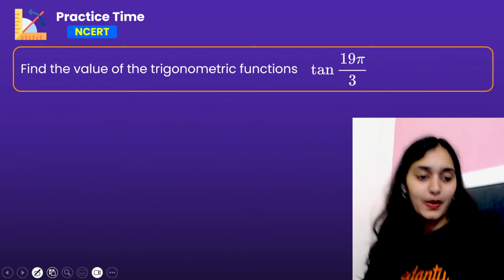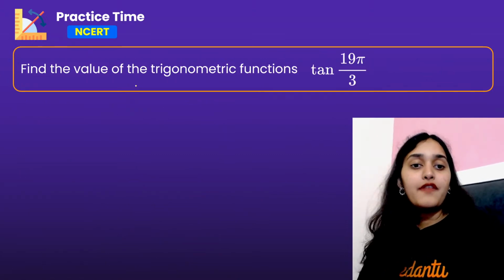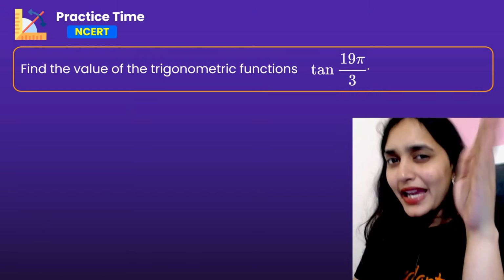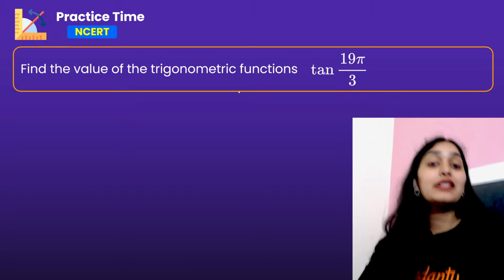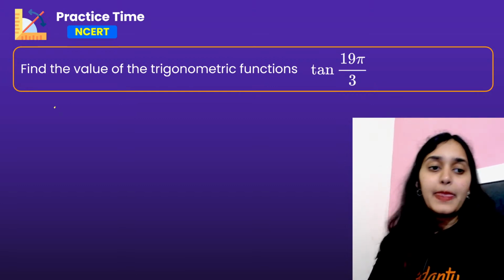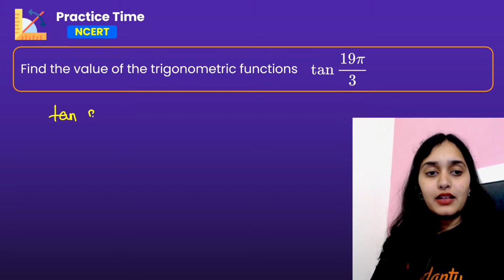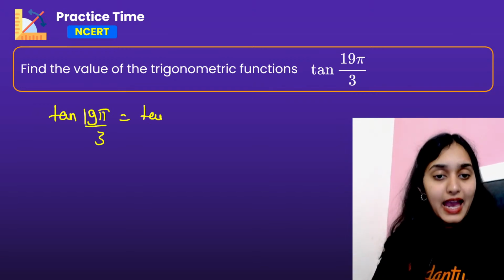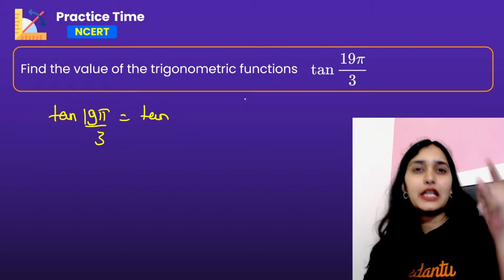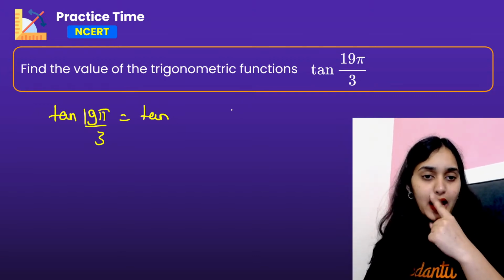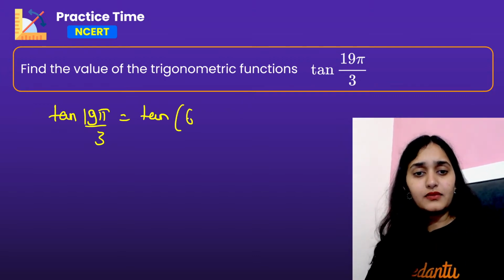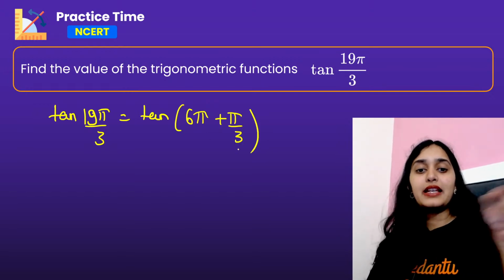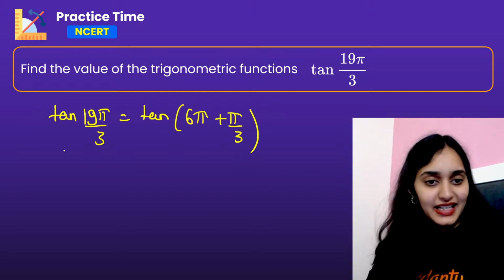Alright, next question. Find the value of trigonometric function tan 19 pi by 3. Can I break it as a multiple of pi? Because tan repeats after every pi. Now tan 19 pi by 3, I can write it as 6 pi plus pi by 3, right? 6 threes are 18 plus 1 is 19.